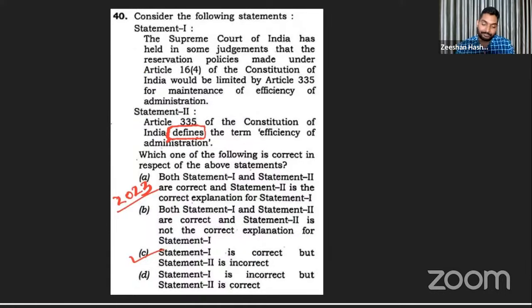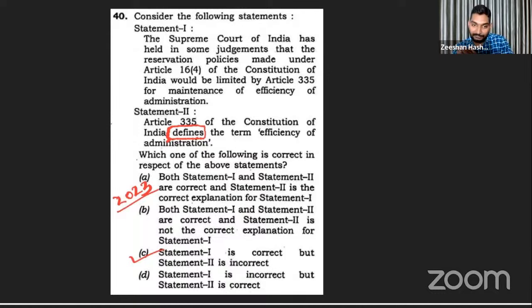Moving ahead, guys, again I have discussed this quite many times in my class, in my videos. UPSC is following this structure, especially in polity questions. When the statement says that the Constitution of India defines X, Y, Z, then that statement is more likely to be wrong.